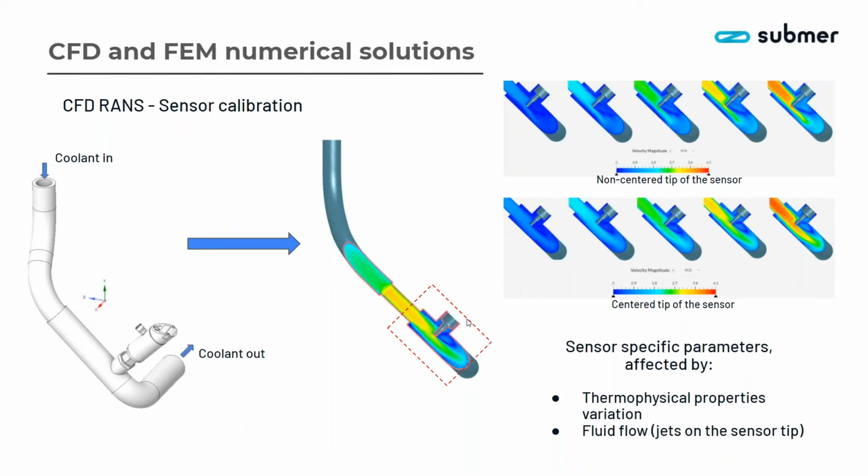And one of the things that our SmartPod, the smart coolant, shows is that the thermophysical properties vary with temperature, and it is important to see how these thermophysical properties affect the measurement and also the position of the tip of the sensors. So this helped us understand that the jet on the sensor tip was important, and it also helped us modify some specific parameters of the sensors in order to properly measure the fluid flow.